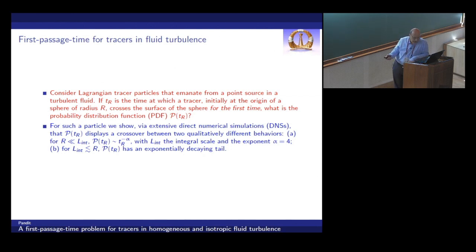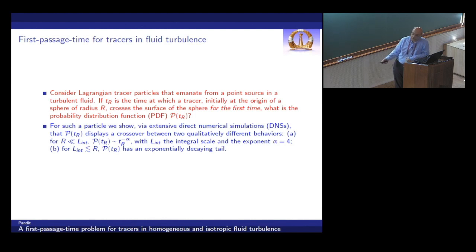First, to give you the answer from our direct numerical simulations, which I will tell you how we do, we find that there are two distinct regimes. If the radius of this sphere is less than what's called the integral length scale, I'll tell you what the integral length scale is later, then we find a power law dependence of P of t_r, t_r to the minus alpha, with exponent alpha equal to 4.